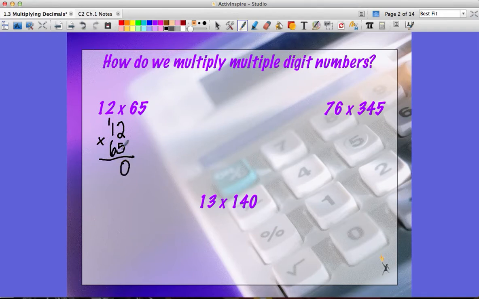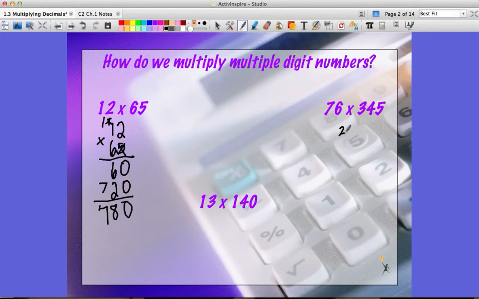Carry the 1, 1 times 5 is 5, plus 1 is 6. Now that I'm done with the 5, I have to add a 0. 2 times 6 is 12. Carry the 1, 1 times 6 is 6, plus 1 is 7, and then I add those numbers together. 6 times 6 plus 2 is 8. So my answer is 780.